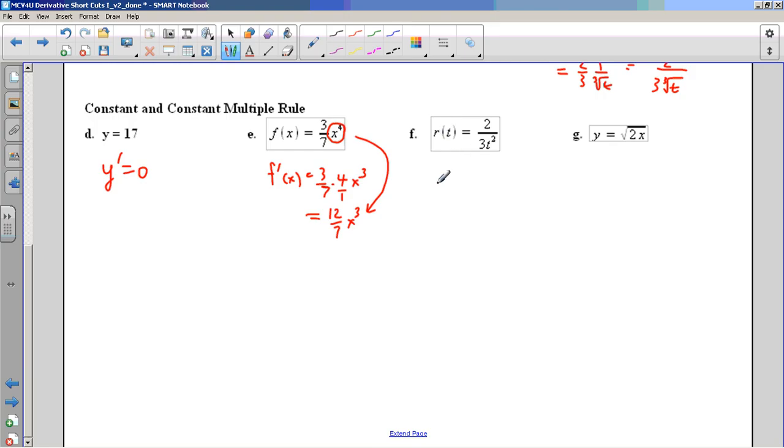I'm going to do R prime here. Oh, hang on, actually, because this is on the bottom, I'm going to rewrite this so it looks like something that's kind of familiar. We've got a constant, our variable, and then a power. So now I'm going to take the derivative. Constant gets written down.